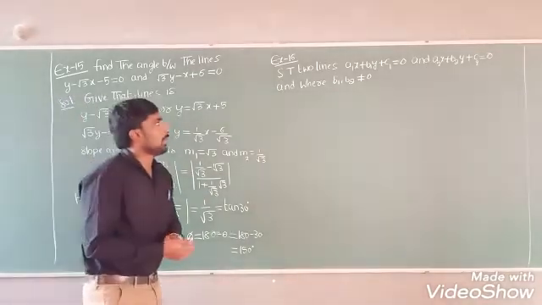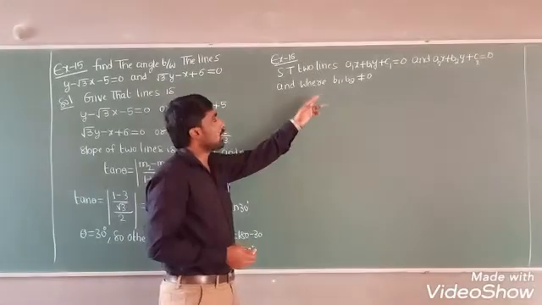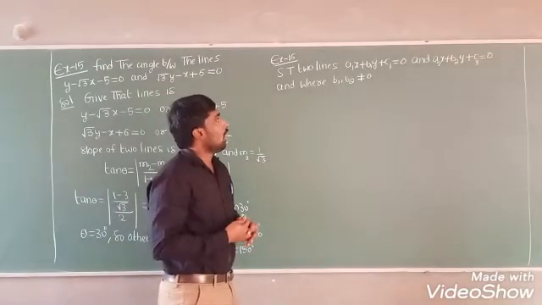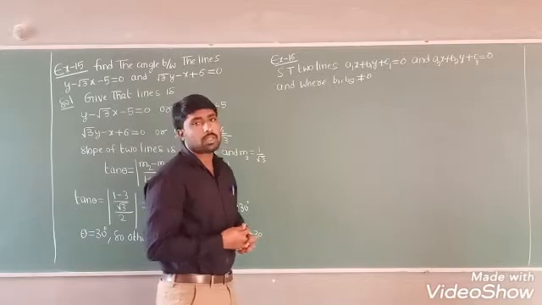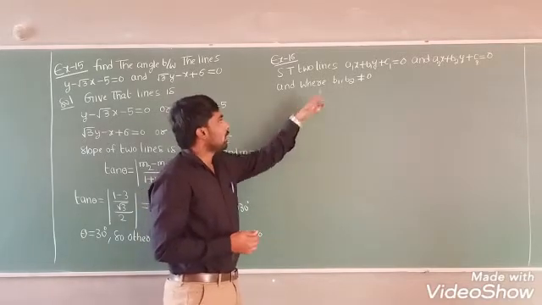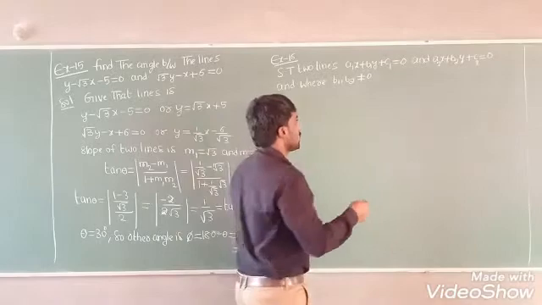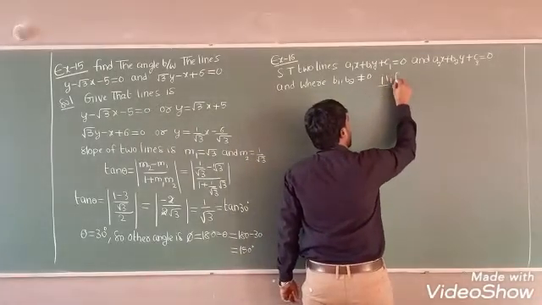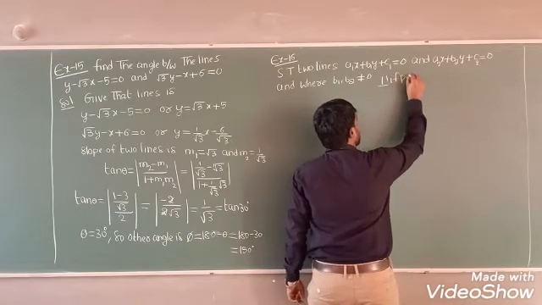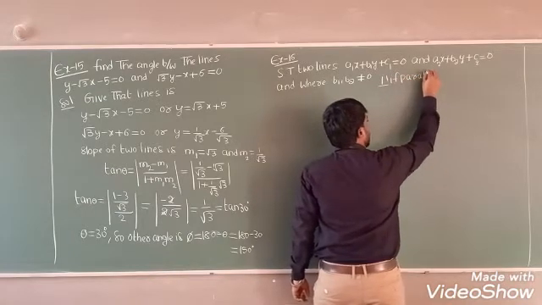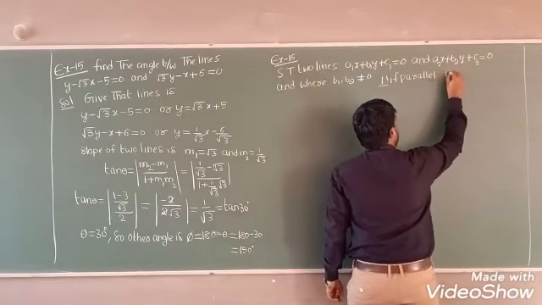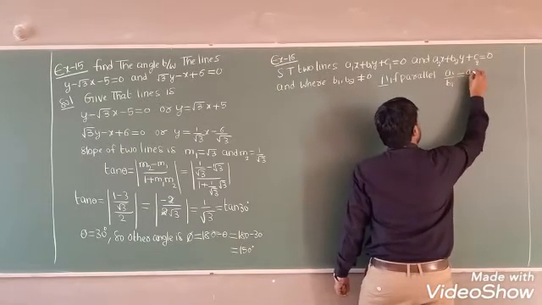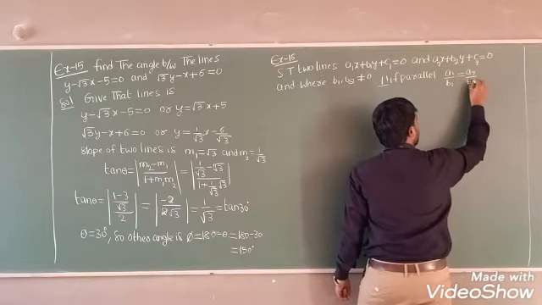Now the second problem is: two lines a1x plus b1y plus c1 equal to 0 and a2x plus b2y plus c2 equal to 0, where b1, b2 not equal to 0. First question: if they are parallel, we have to prove a1 by b1 equal to a2 by b2.